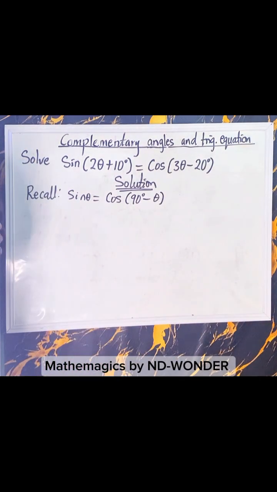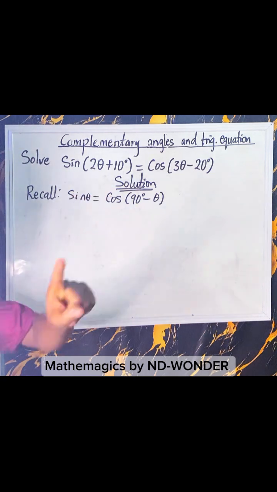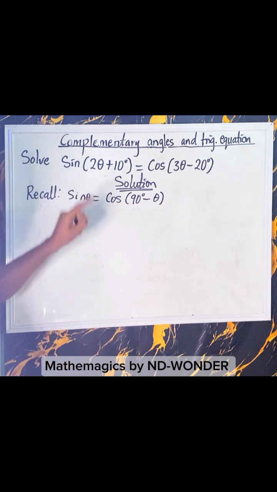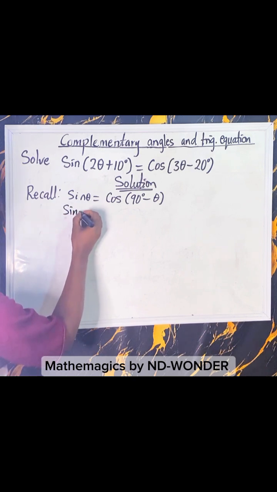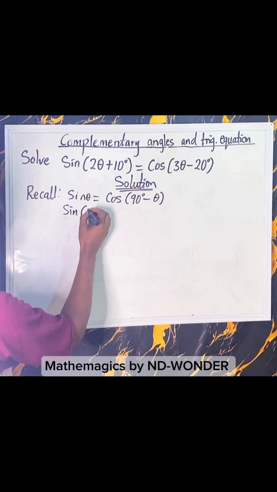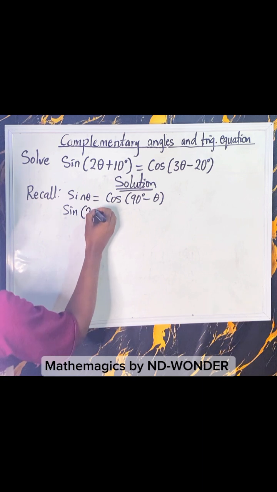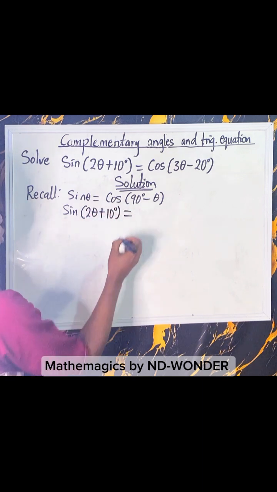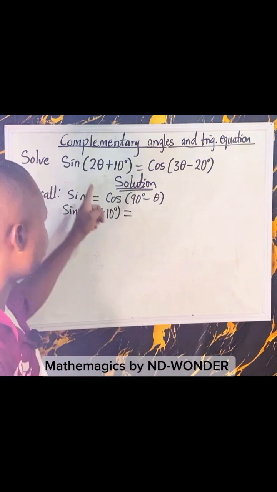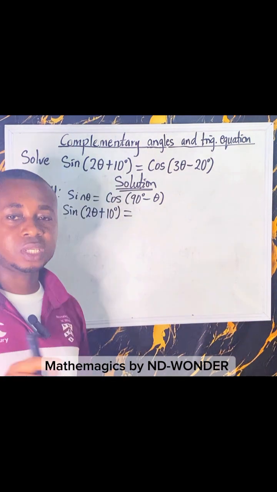Then the second approach is to relate it to what the question is right here. Then I will say sin(2θ + 10°) will now be equal to cos(90° − whatever you have here).